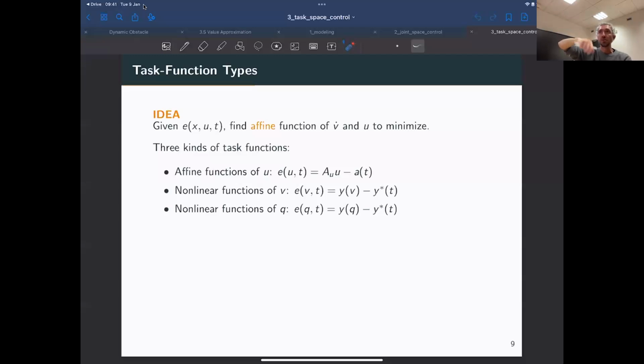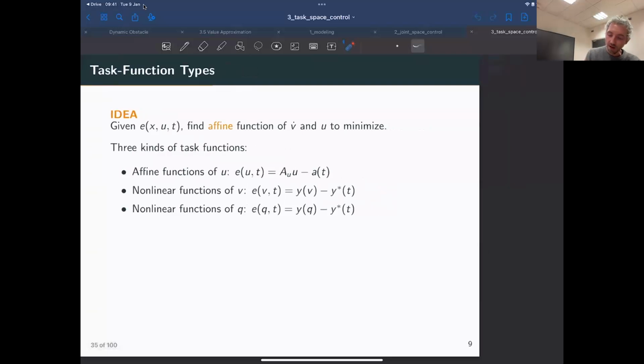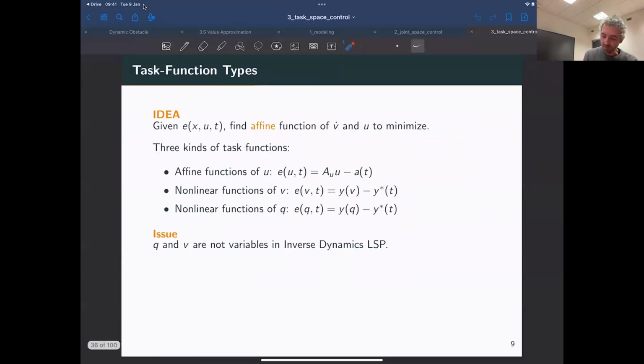So if my error function depends on U, it must depend on U linearly. We cannot have a nonlinear dependency on U. So that's the simplest case. For the other two cases, instead, we can have a nonlinear dependency. And the reason why will become clear in a moment.